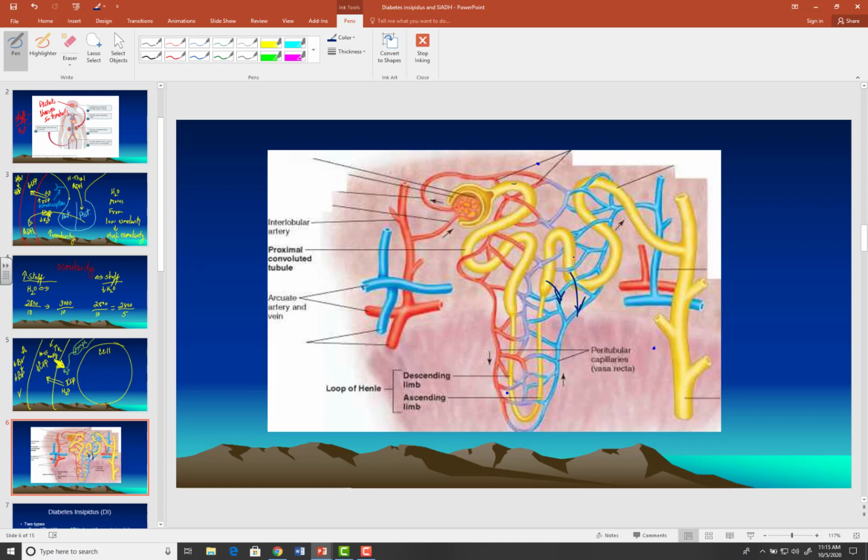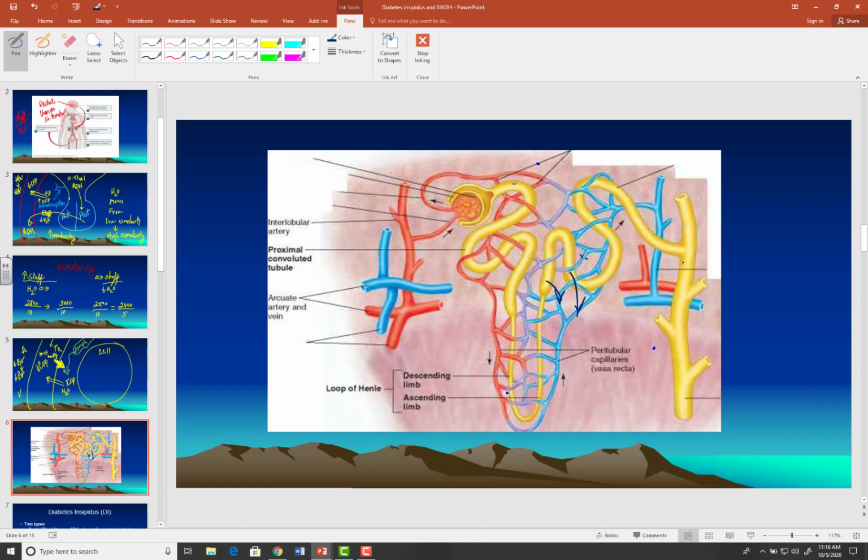Now, in the absence of hormones that affect the nephron, you will always make a dilute urine, always. But there are two hormones that powerfully affect blood volume. One is aldosterone, and it primarily affects the distal convoluted tubules and causes sodium to be reabsorbed and therefore water to get reabsorbed back into the blood. And then the other one is ADH.